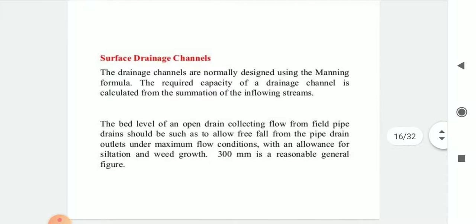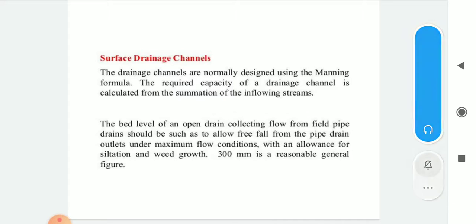In this second part of the 11th lecture, we will discuss surface drainage channels. When the moisture content of soil exceeds a certain limit, it affects the strength of soil. Road pavements are structures which directly rest on underlying soil. Hence, it is necessary to keep the soil properly drained to ensure good strength. In surface drainage channels, the drainage channels are normally designed using Manning's formula.